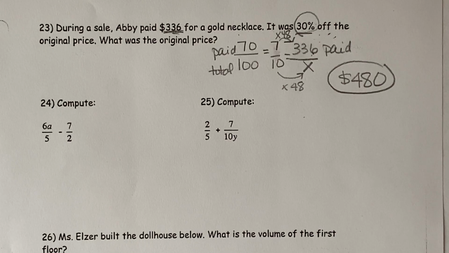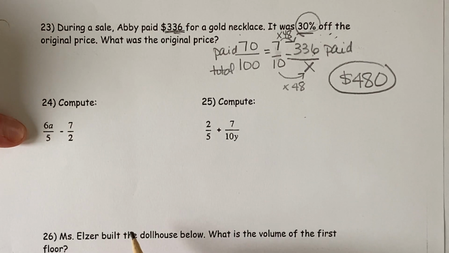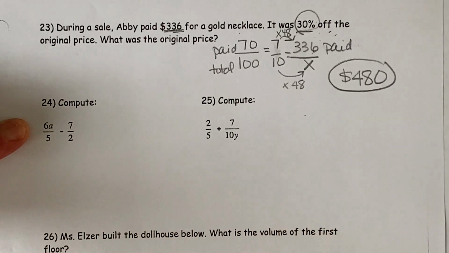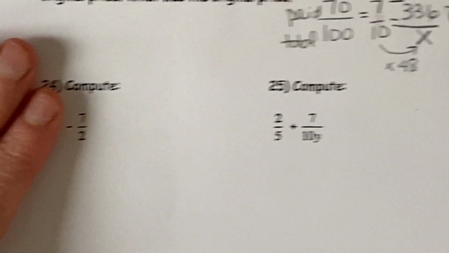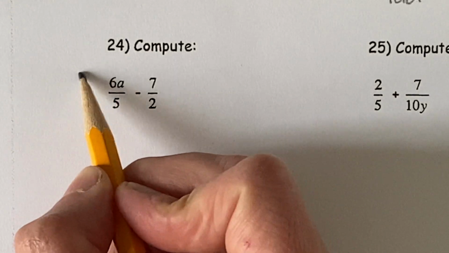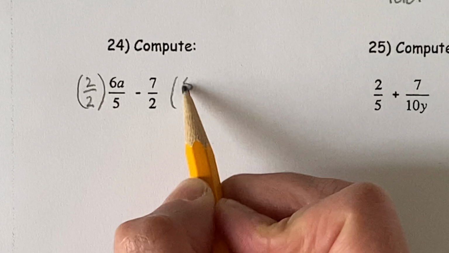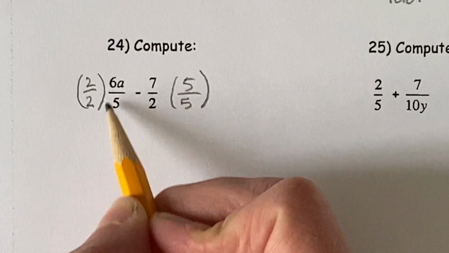Okay, so going to 24 and 25. So 24, I need to get a common denominator, which is going to be 10. So I need to multiply this side by 2 over 2 and this side by 5 over 5.